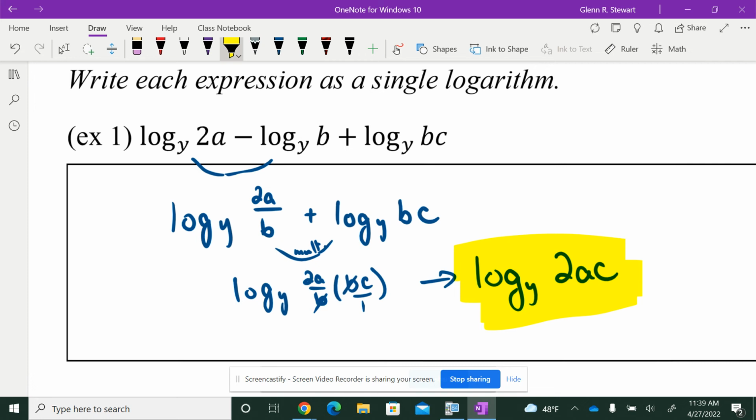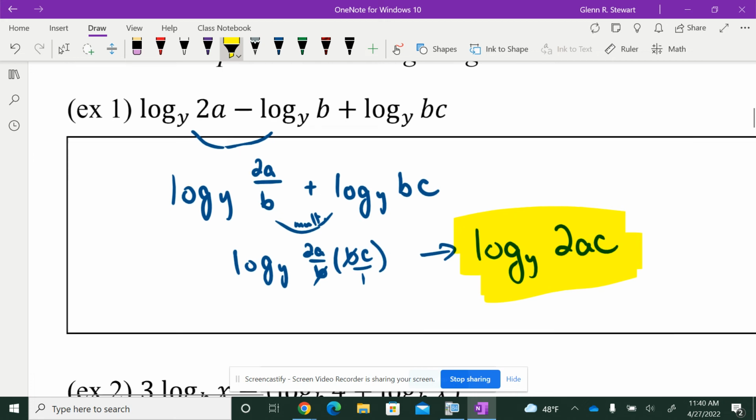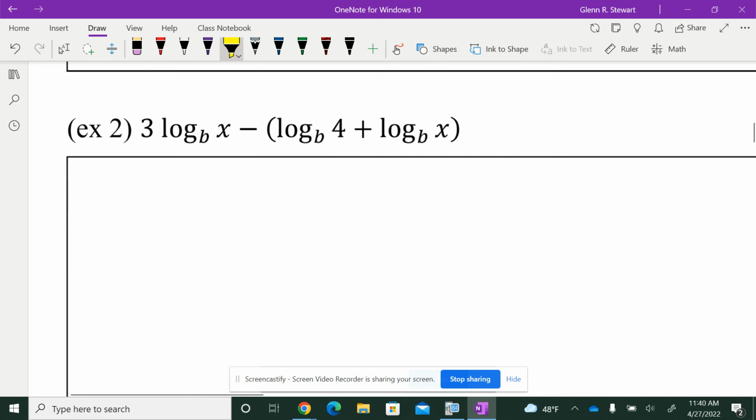So whenever it's addition, you cram them all together as multiplication. Like I did the division, the subtraction becomes the division, and then from there we want to do the addition. And we just want to move left to right unless we have some type of parentheses, like you see in example number 2.